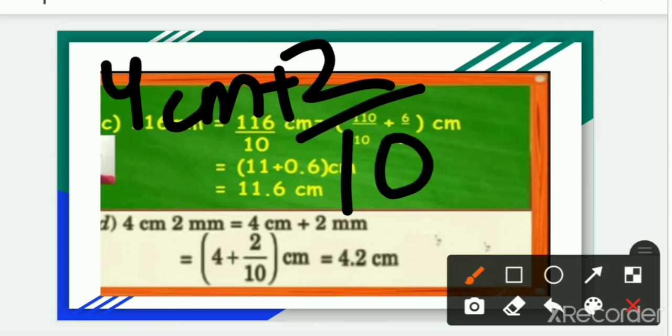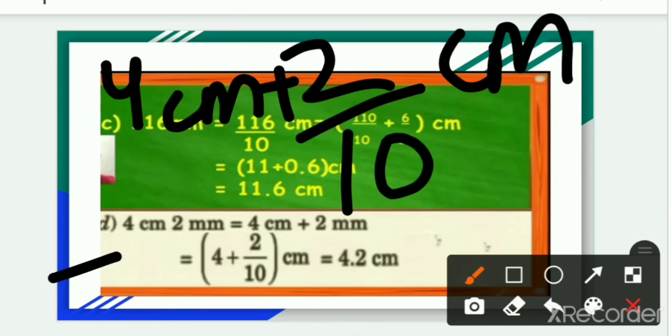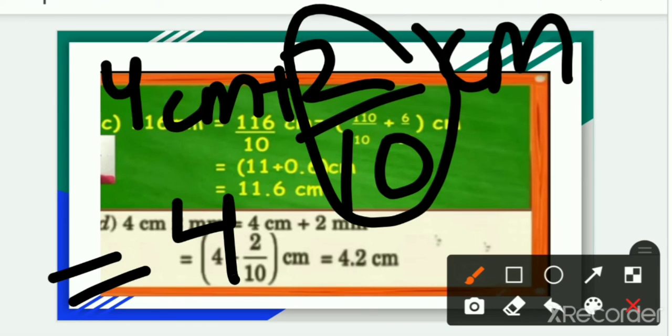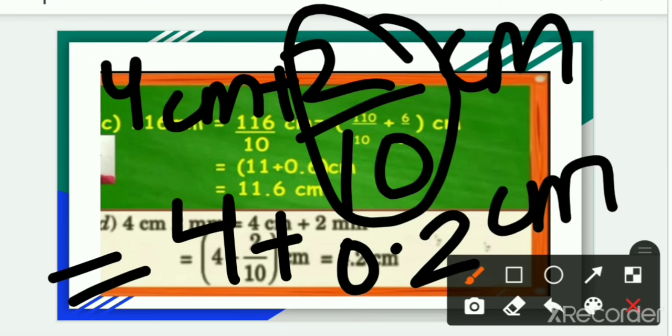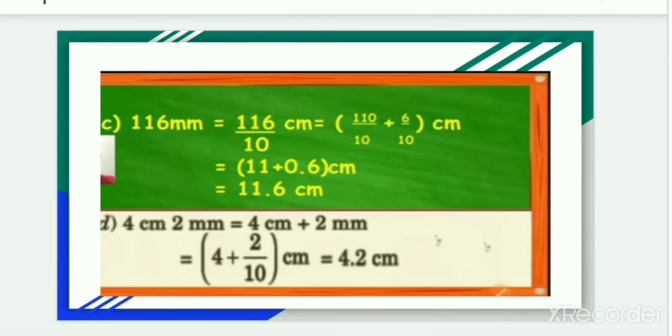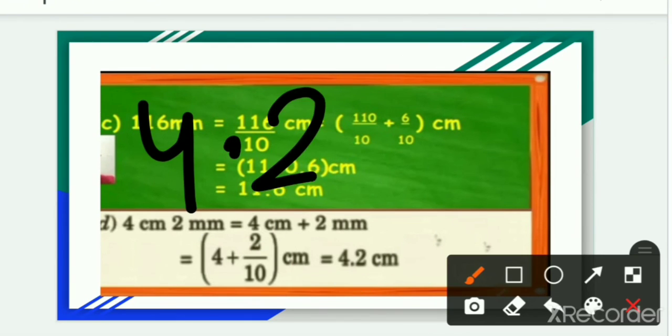This is 2 by 10 centimeter. It will become 4 centimeter plus 2 by 10 centimeter. When we solve this, we get 4 plus 0.2 centimeter. Now add the number and the decimal. Whenever we add a number and a decimal, they come together. So it will be 4.2 centimeter.